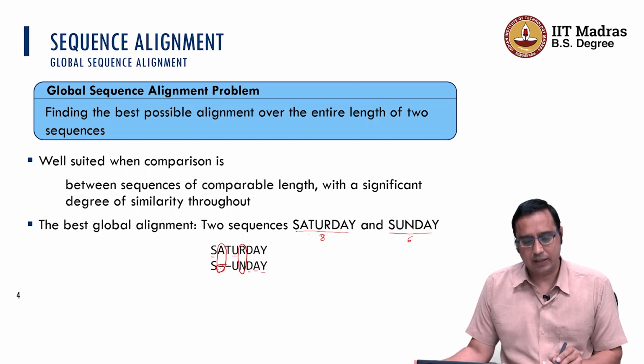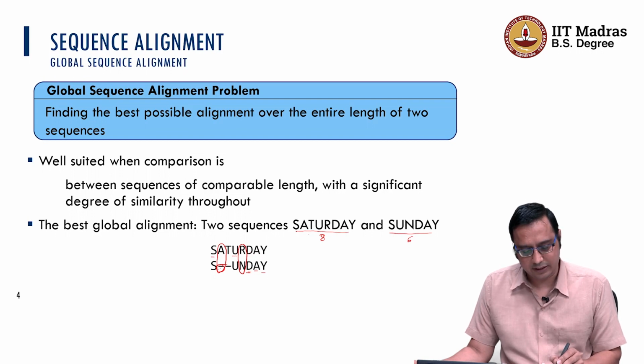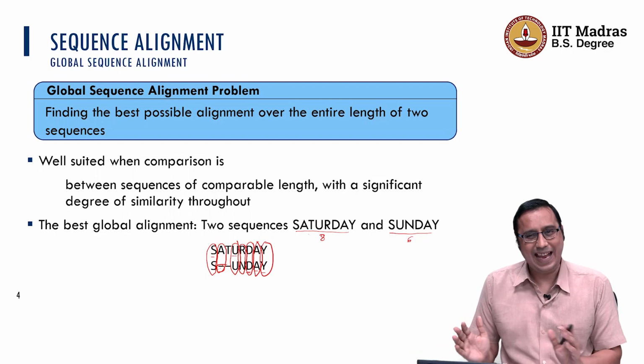By allowing mismatch, I allow other letters to align with the same letter. Here D is aligning with D, A is aligning with A, Y aligns with Y, and all these remaining are called matches. So I found a match for S with S, U with U, D with D, A with A, and Y with Y. Hence, in any sequence alignment, we have three possibilities: match, mismatch, and gap.